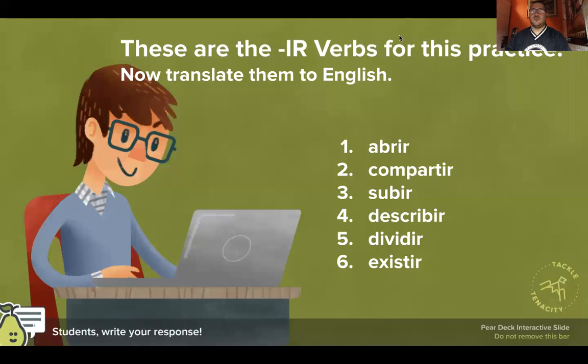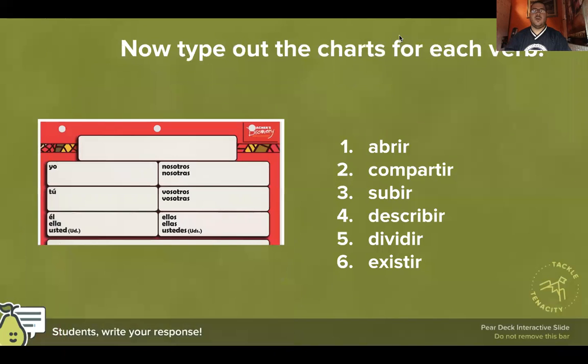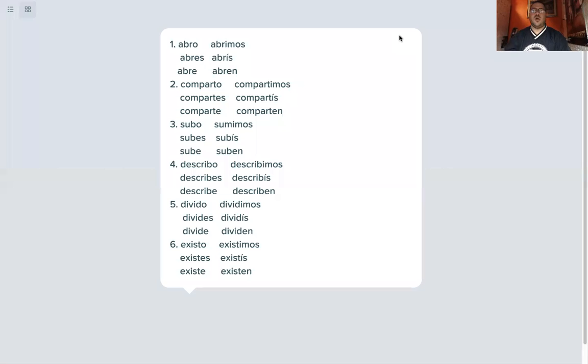Okay, you know what comes next. Now I want you to do the charts. So do all 6 charts and then come back to see the answers. Okay, here are the answers. Abro, abres, abre, abrimos, abrís, abren.